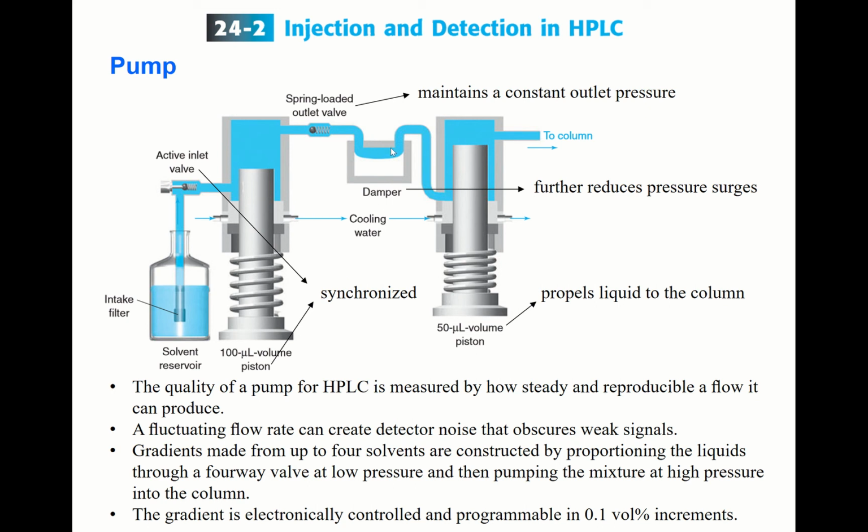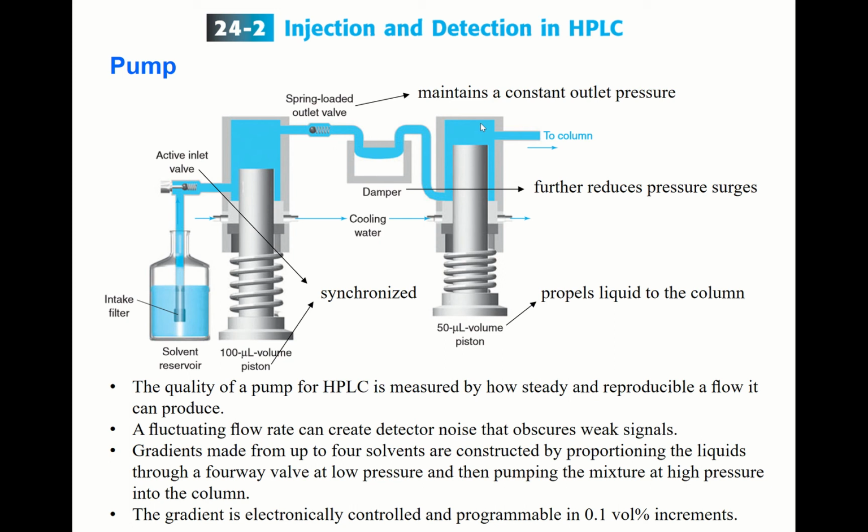Then this solvent enters the second pump. The volume of the first one is 100 microliters, actually a very small amount, and this one is 50 microliters. And now the solvent goes to the column at constant pressure.